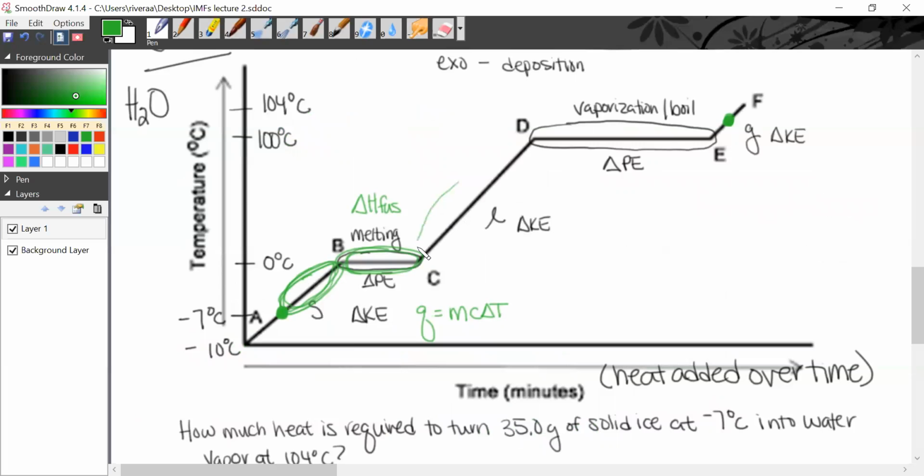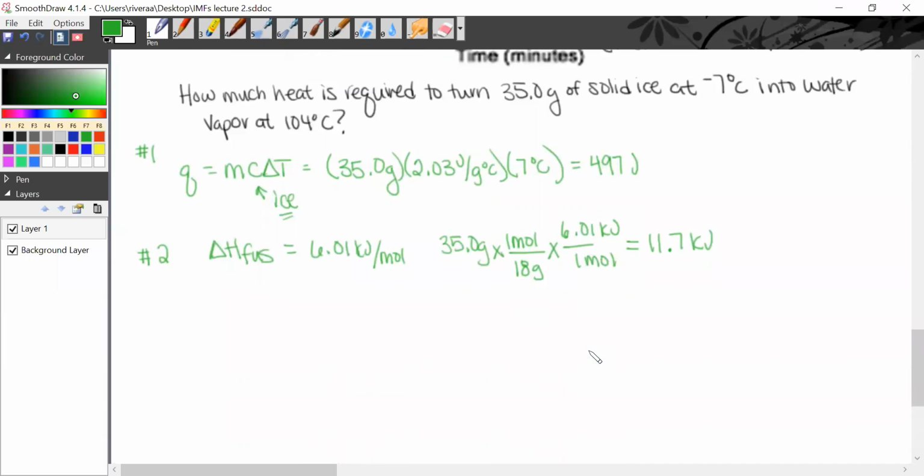Now we're warming up all of that liquid water from 0 degrees Celsius up to 100. So here in this portion where we have that change in temperature, we're going to use Q equals MC delta T again. Because we have the change in kinetic energy, our specific heat is going to be different, and our delta T is going to be different. So let's call this segment number 3. Still 35 grams though.